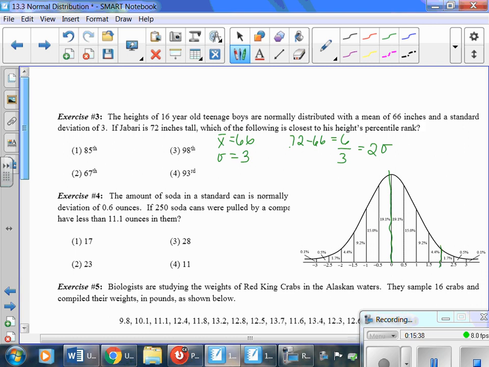So we're going to add 19.1 plus 15.0 plus 9.2 plus 4.4, and we're going to get 97.7%. So, percentage-wise, 98th percentile.